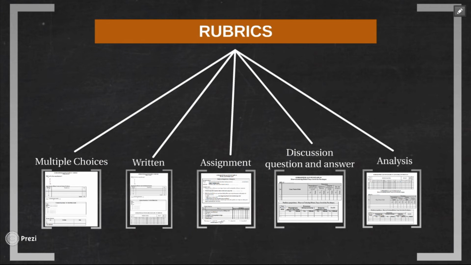It can be a discussion sheet that contains questions and answers, and it can be an analysis sheet if the question consists of different parts between multiple choices or academic writing like essays.